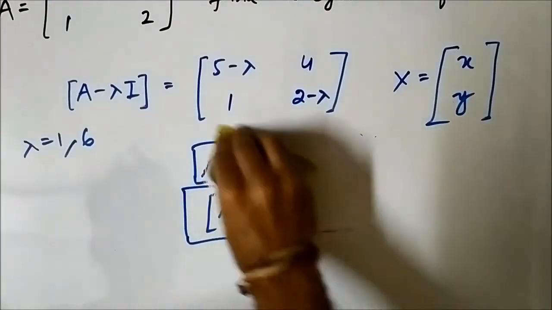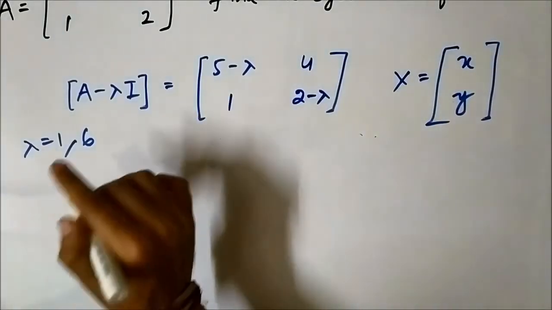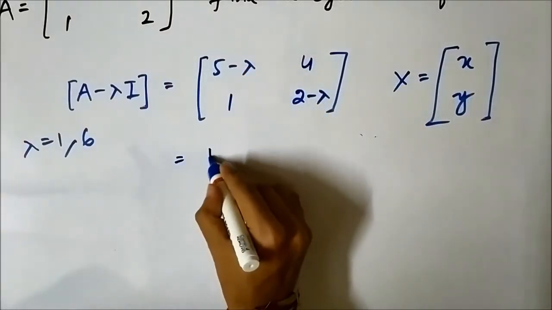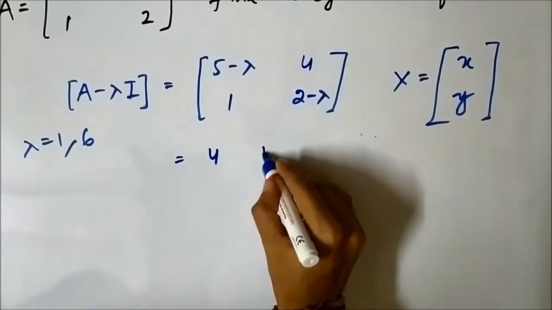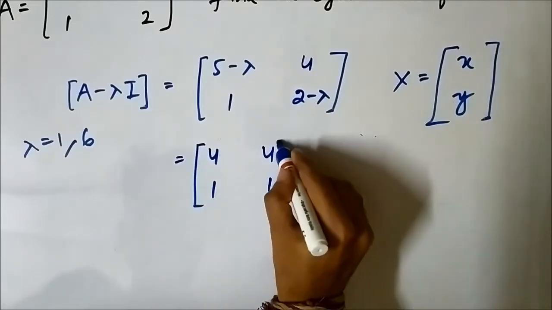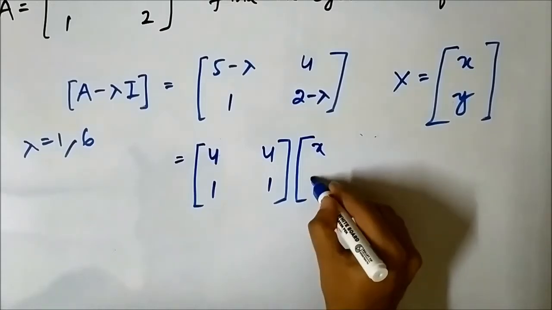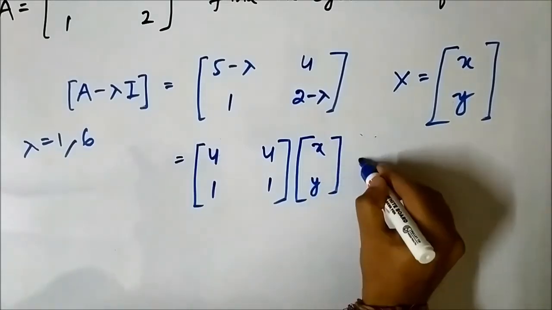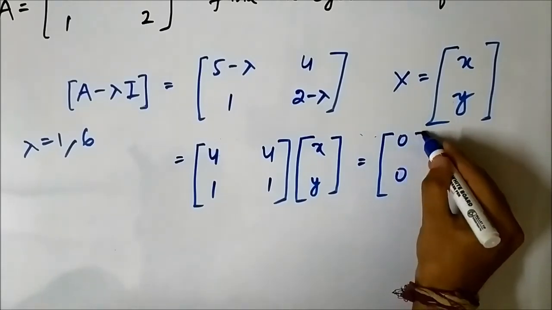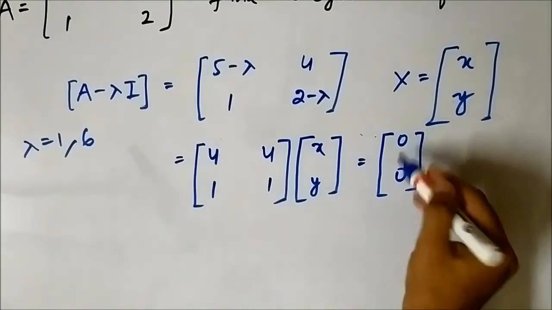Let us put the value of lambda. First let us put 1. So it is 5 minus 1 is 4. Here it is 4, 1, 1, and the eigenvector x, y, it is equal to 0. It means we have a 0 matrix of order 2 cross 1, a column vector with all the elements 0.